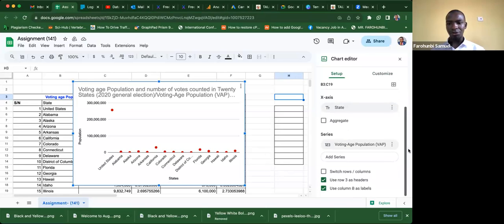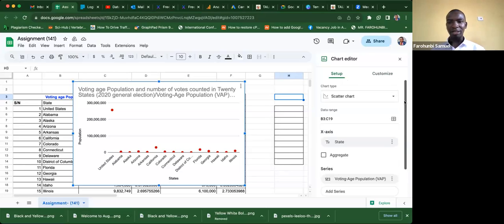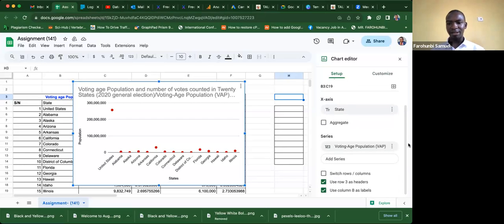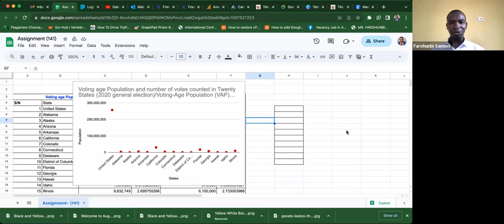So I want us to take one or two questions for today, and then we'll give ourselves assignments. I'll give you some data that you analyze. Generally, we have two assignments today.